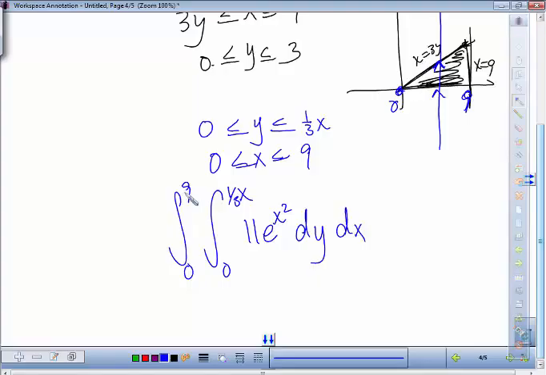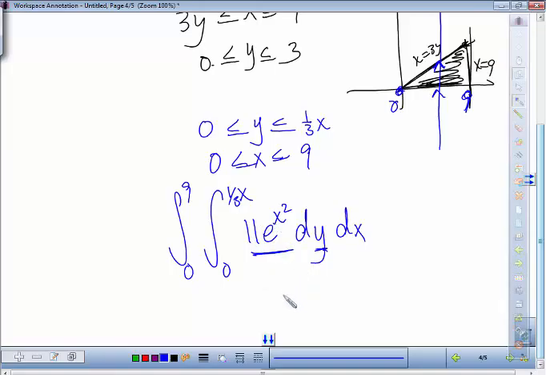So explain why this is doable and the first integral was not. Oh, constants are outside. But I'm talking about this integrand. Explain why we can do this integral now, but we couldn't before. You're integrating with respect to y, so this is constant.